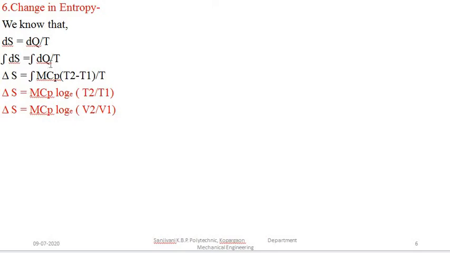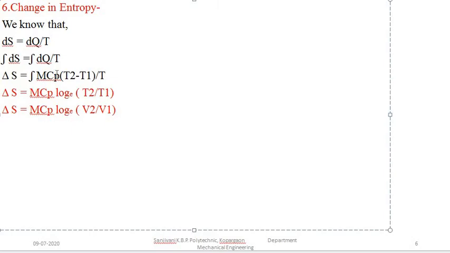What is the formula to find dQ? That is heat transfer, that is mCp T2 minus T1, that we have derived just now, divided by T. Now here mass into Cp is constant, so we are taking it outside the integration sign. So integration of dT by T, that is integration of 1 by T with respect to dT.